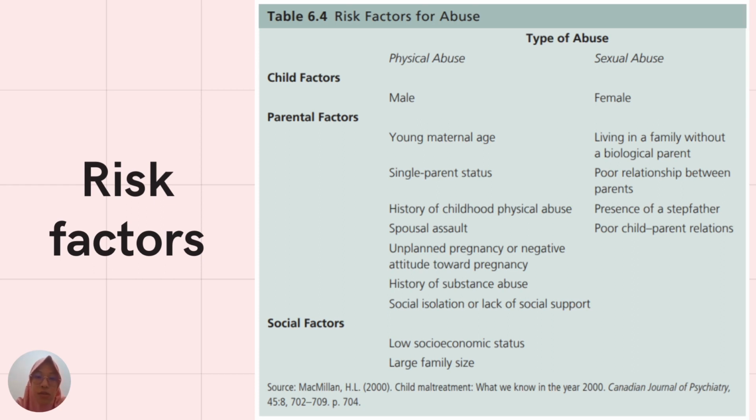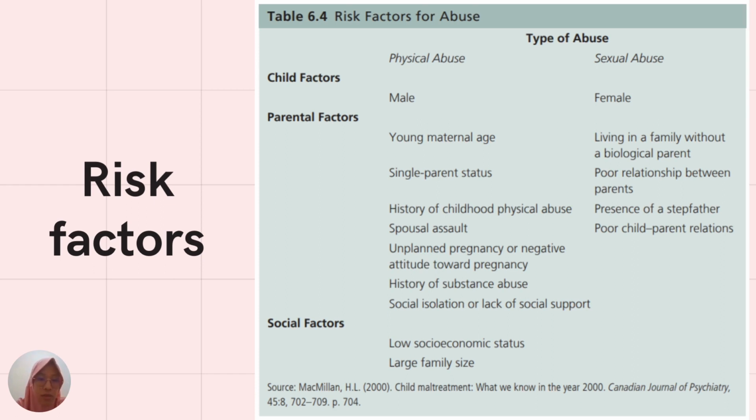On the other hand, for sexual abuse, the parents of the victims, who could be the perpetrators too, commonly have the characteristic of living in a family without a biological parent, having a poor relationship between parents, the presence of a stepfather, and poor child-parent relations.